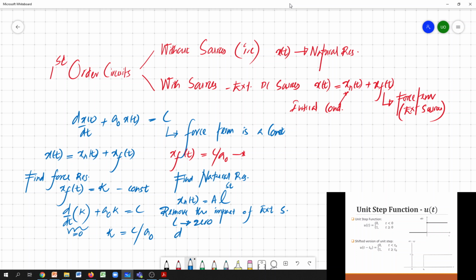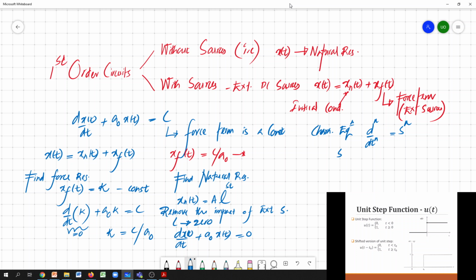So now your differential equation looks like this, with 0 on the right side. Then we can easily write the characteristic equation from this one. How do you write the characteristic equation? We can basically replace the nth order derivative with s to the power n.